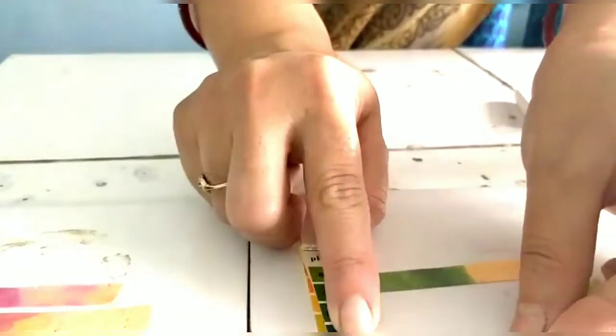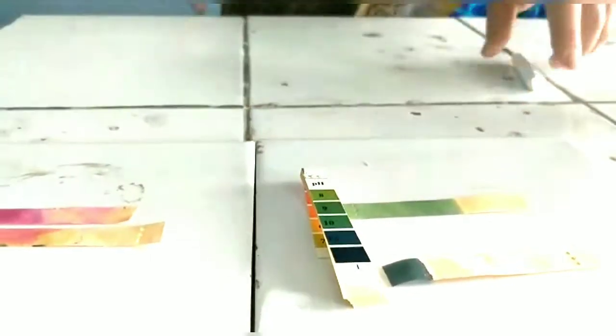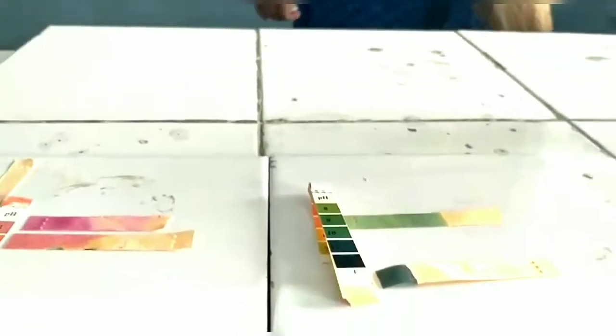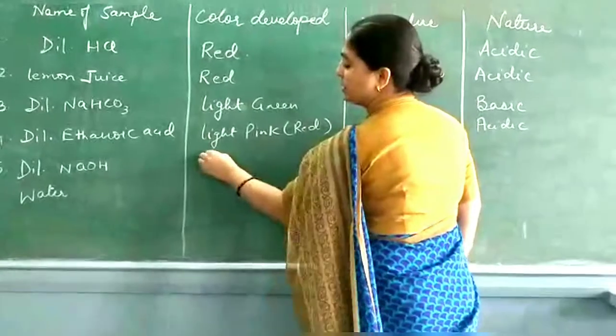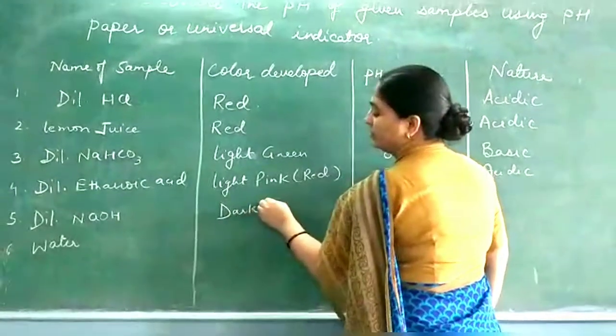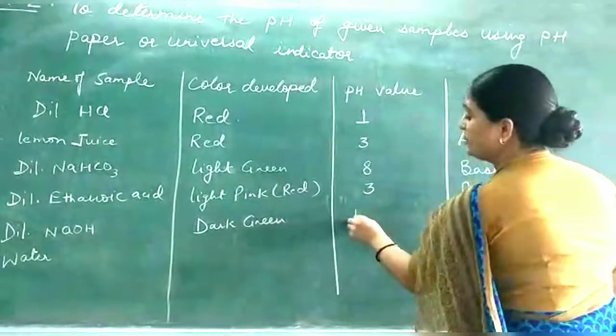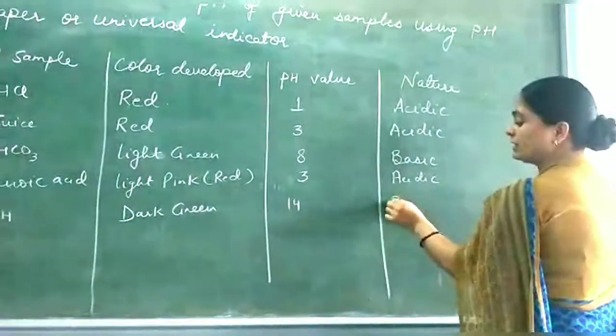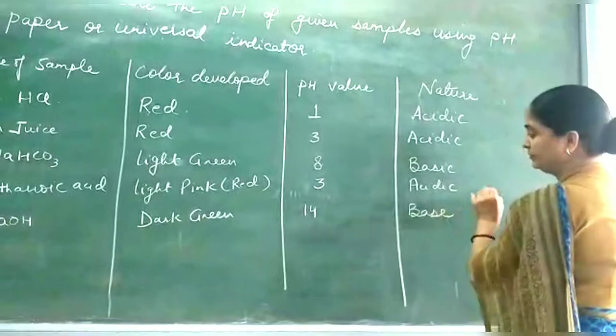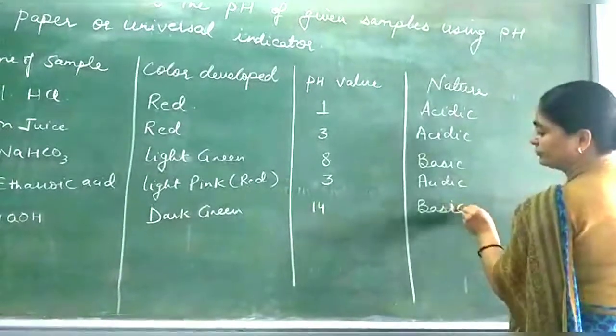Light, जो last वाला color है उसके साथ ये match कर रहा है. So I'll write on the board that dilute NaOH is dark blue-green, and its pH is 14, which shows that it is a strong base. It is basic in nature.